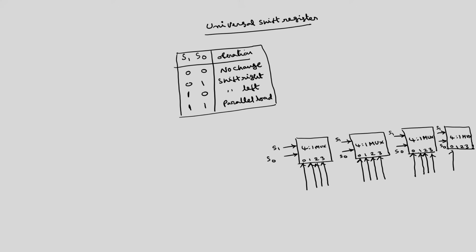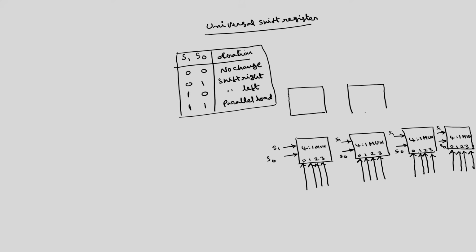Fourth multiplexer, what are the 4 inputs? Who is going to decide this depends upon whether the operation is shift left or shift right, parallel load, or it remains in the same state.